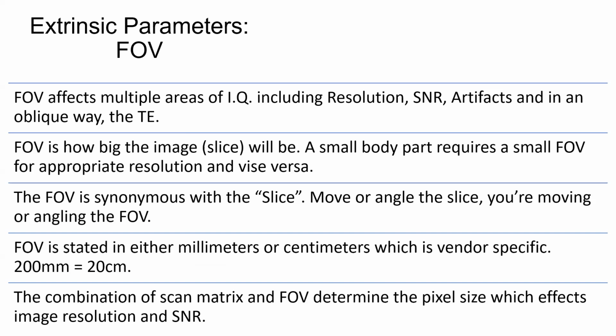You're making that gradient stronger, and it takes an extra millisecond or two to get to the amplitude you need for that field of view, and your TE might bump out a couple of milliseconds. So with a big field of view, the gradients are not working as hard. With a small field of view, they're working harder, and it takes longer to get up to the amplitude. I'm going to show you a visual on that in just a second.